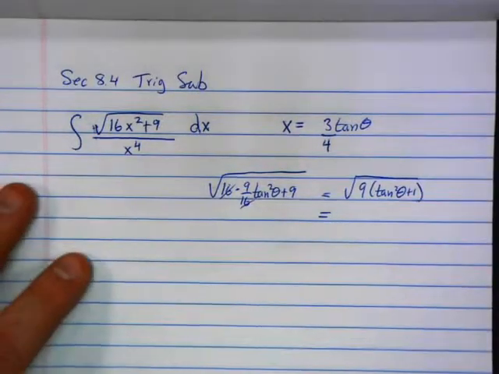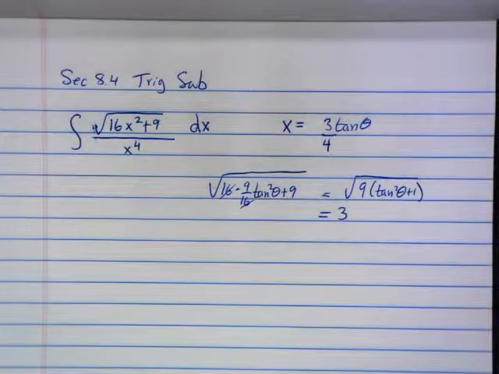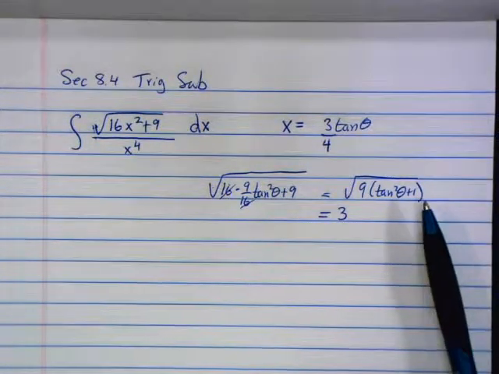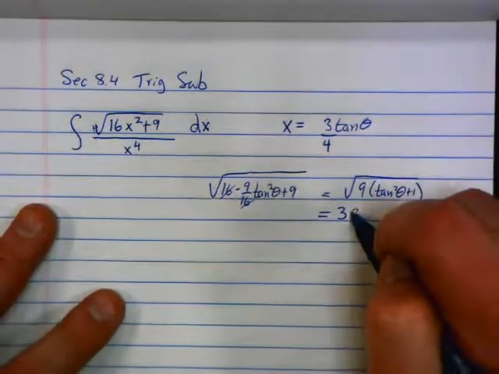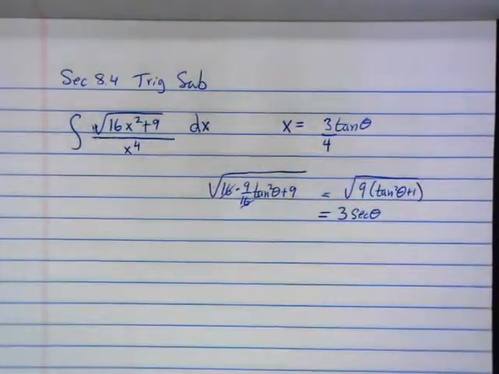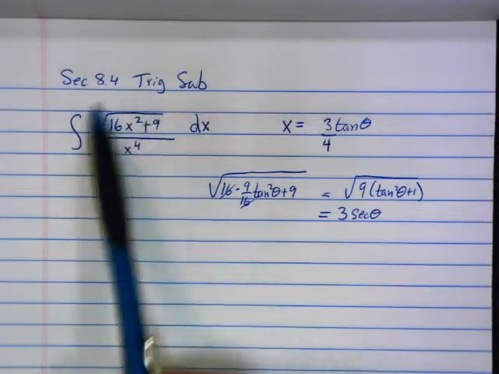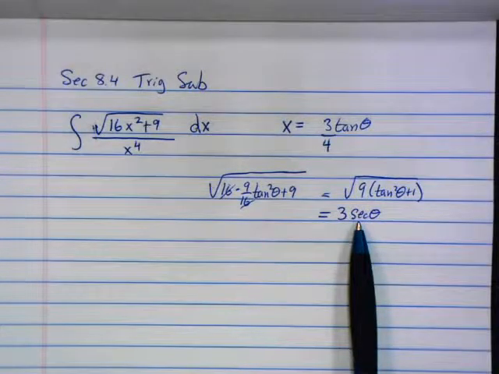The whole idea was the square root of 9 is a nice number, 3. Tangent squared plus 1 becomes secant squared, and then the square root of secant squared is simply secant. So this whole big ugly square root is going to simplify down to simply 3 secant theta.